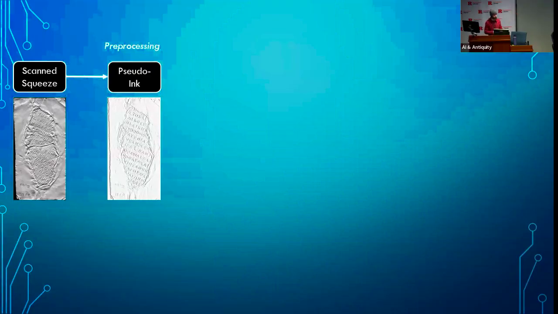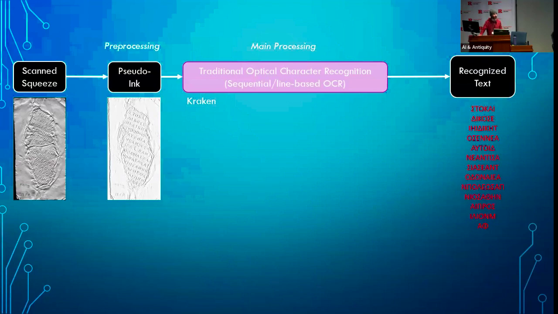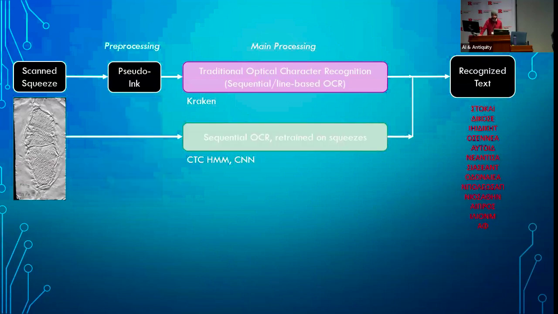So the first step, if you want to use traditional processing, is pre-processing, is taking a variety of steps to try to turn this into what we've called pseudo ink, try to turn this into black on white, and then feed it through Kraken or one of the other out-of-the-box text recognitions to get your text, right?